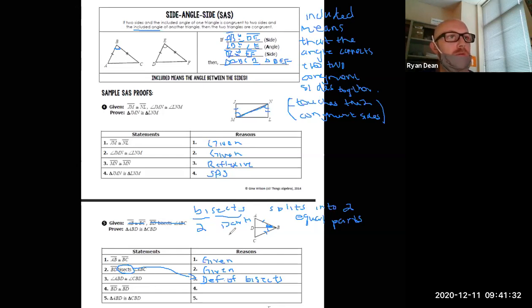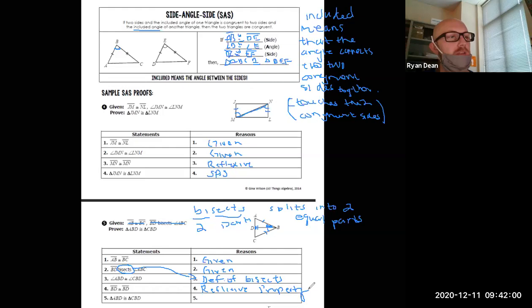Step 4. Anytime that you see two triangles share the same side, you're probably going to be using the reflexive property, so be looking for that. If you see the same segment congruent to itself, then that means you're using the reflexive property.